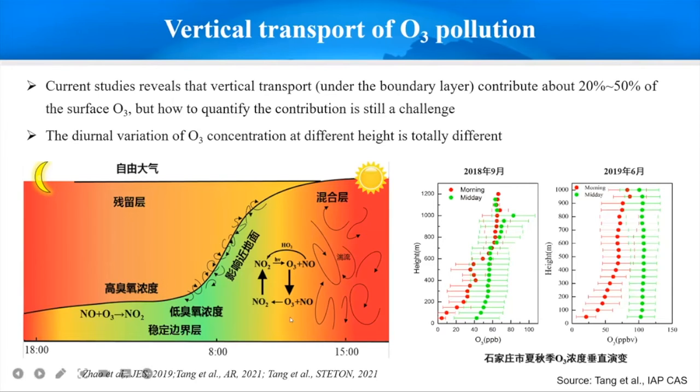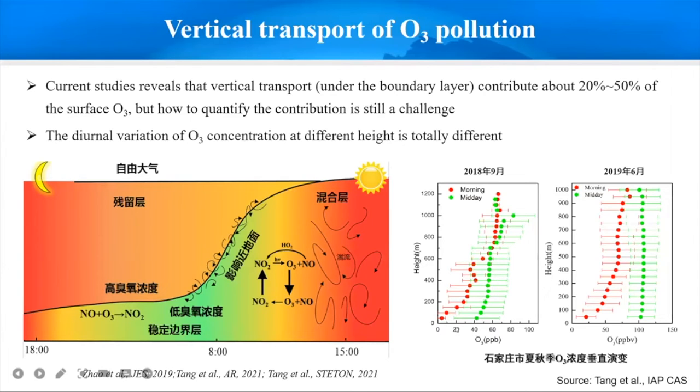And we can see the diurnal variation of the ozone at different height. For example, this shows a monitoring observation in Shijiazhuang city in Hebei province, the capital of Hebei province. We can see that the green dots show the midday, which means the noon data, and the red dots show the morning data.